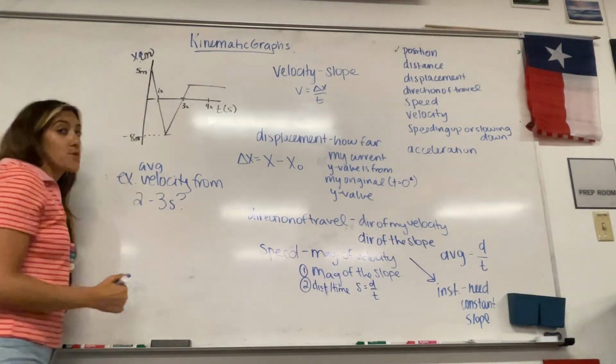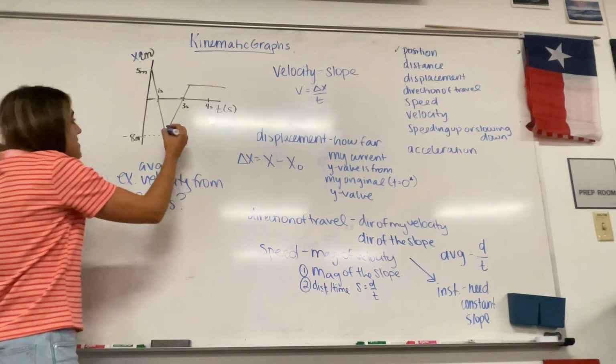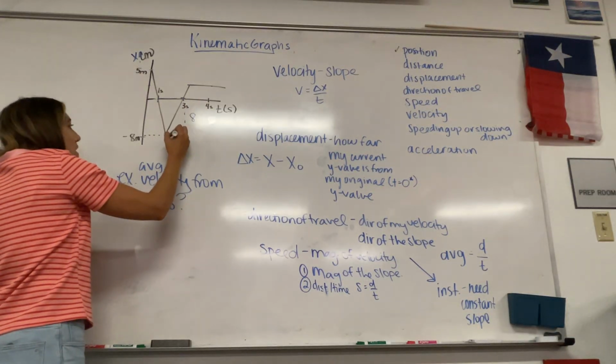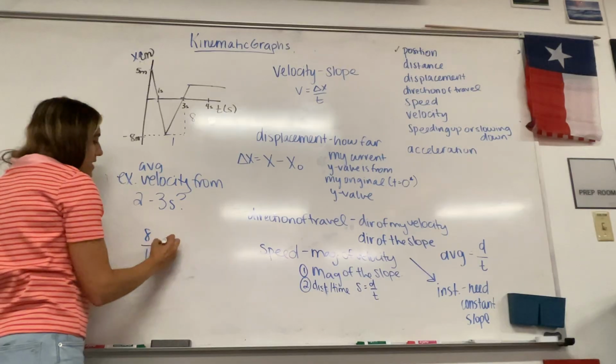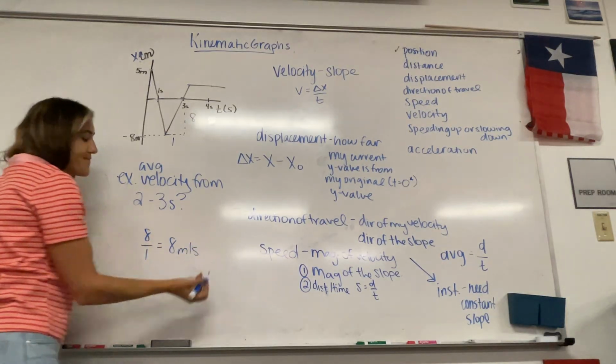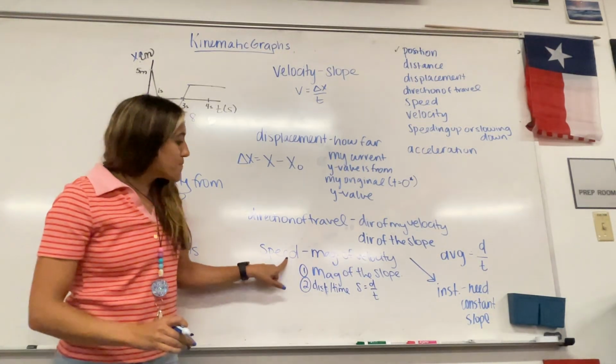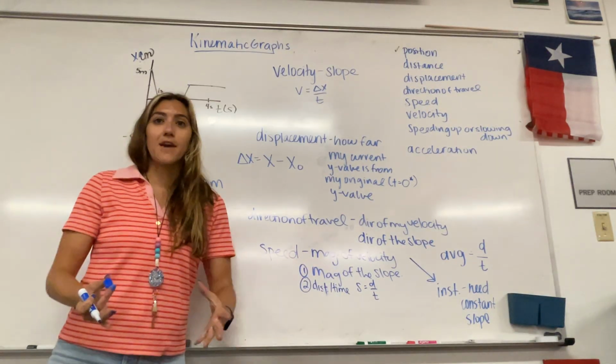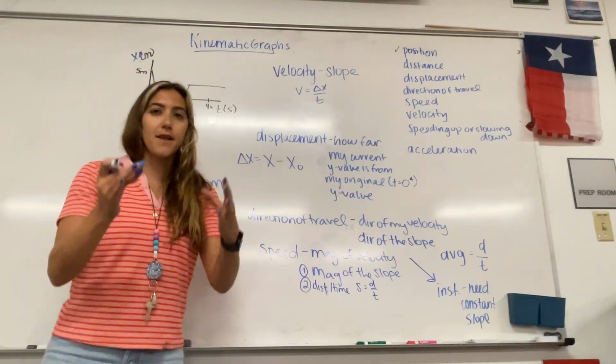In this case, I can do it a couple of ways. I can calculate the slope. I can say, okay, well, my rise was 8, my run was 1, so 8 over 1, I get 8 meters per second, right? Just like I did with speed, I can use the magnitude of the slope, except this time it's the whole thing. If it had been negative, I would have left the negative in there.